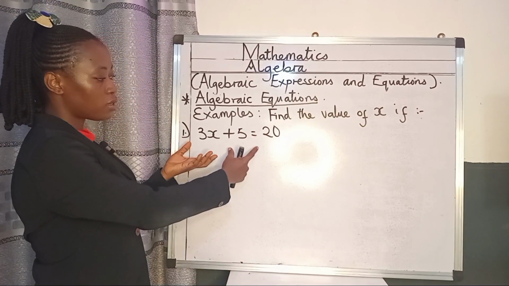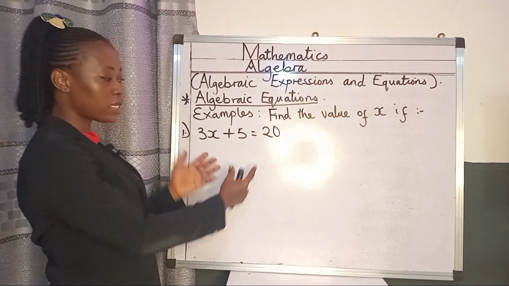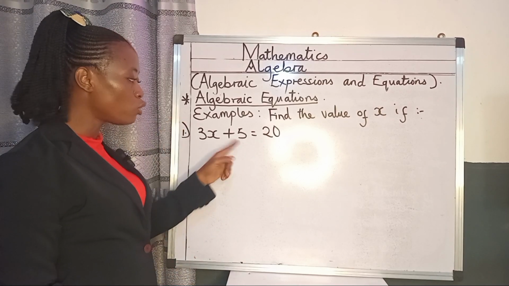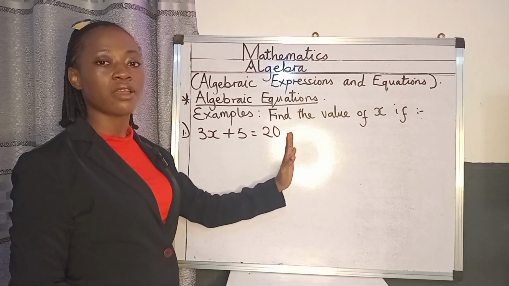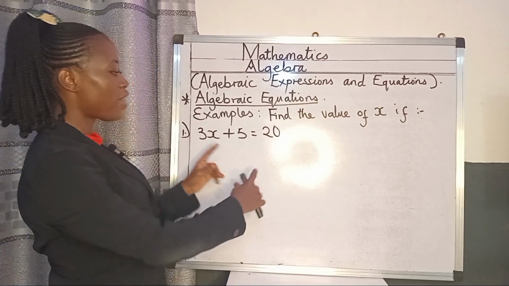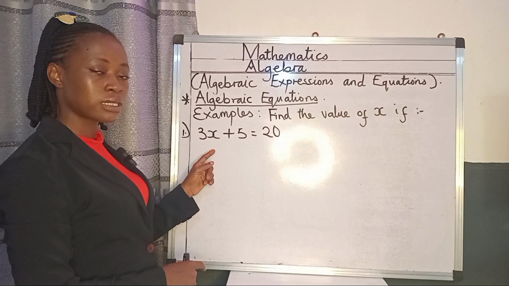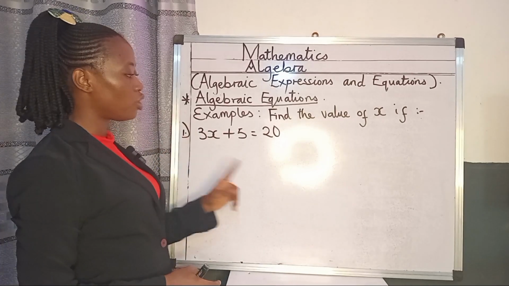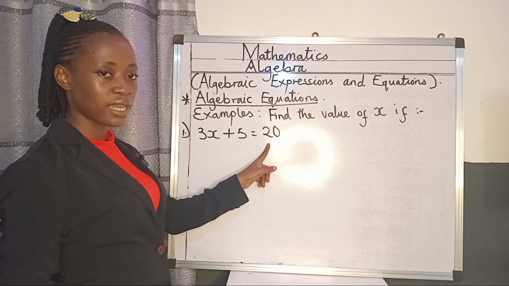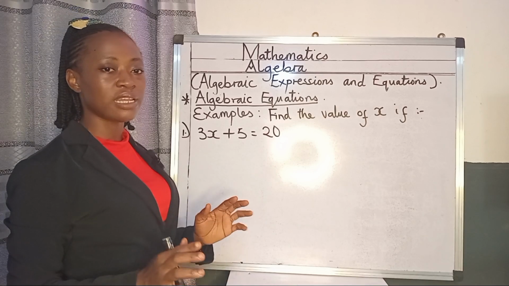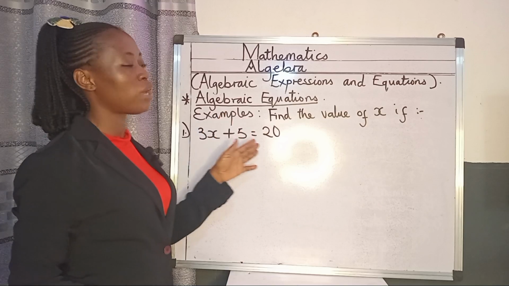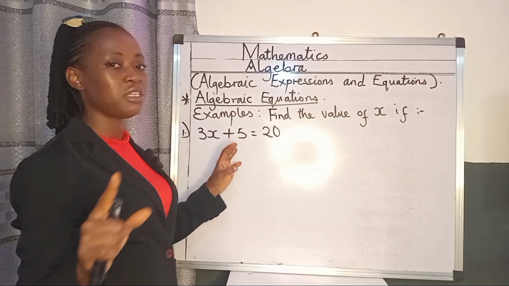What you have by your left-hand side is equal to the value you have by your right-hand side. So whatever I get as my value of x, once I substitute it, my answer must surely be 20. That is the meaning of equation.